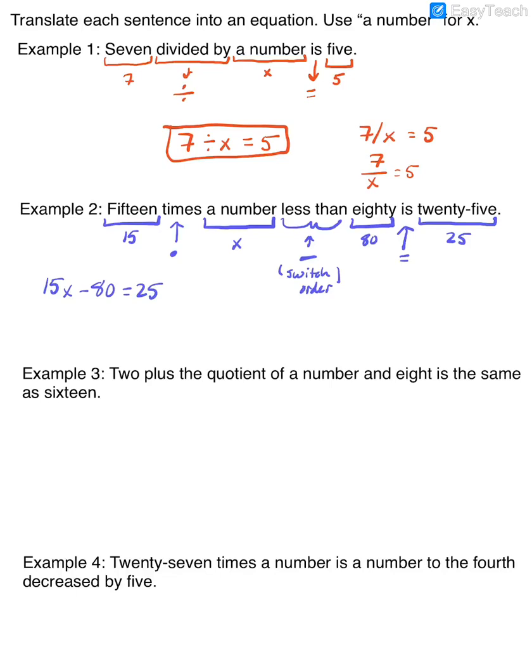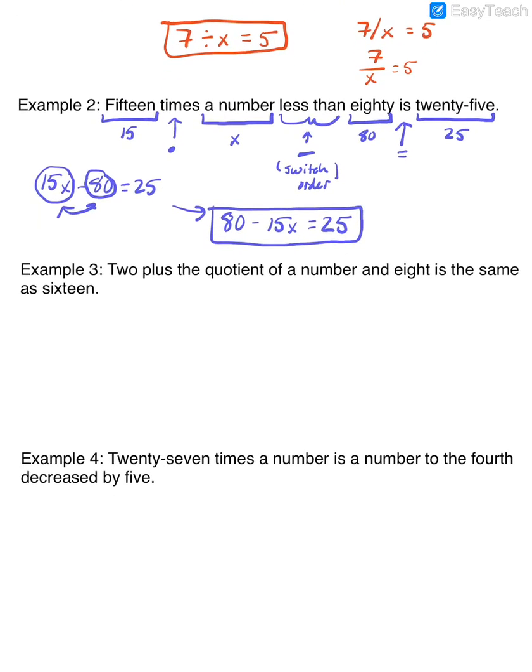But in this case, these two need to switch around the minus sign. So the correct answer is actually 80 minus 15x equals 25. And that's the correct answer. And notice here, there's only one way of writing that. I can't really find a unique way like I did at the top, for example 1.